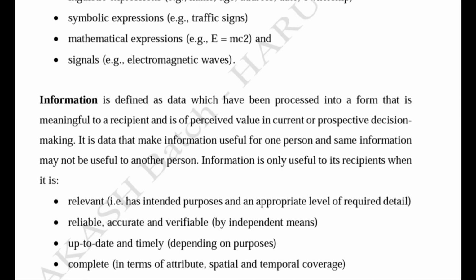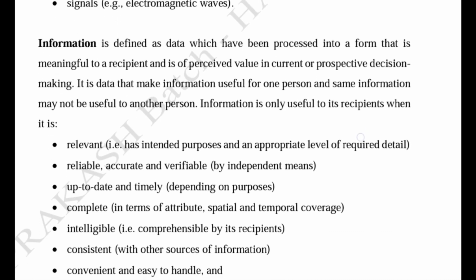The data which is useful for the science student may not be useful for the commerce student, but both commerce and science syllabus are examples of data, and the science syllabus for the science student is the information, and the commerce syllabus for the commerce student is the information. It means what is useful for that recipient, that format of the data is the information.